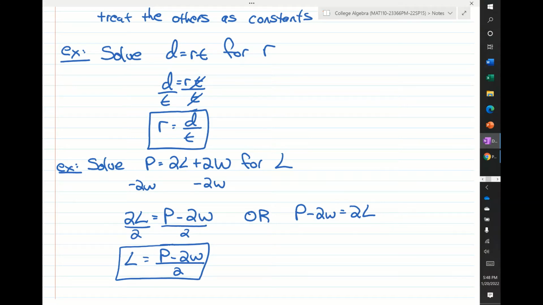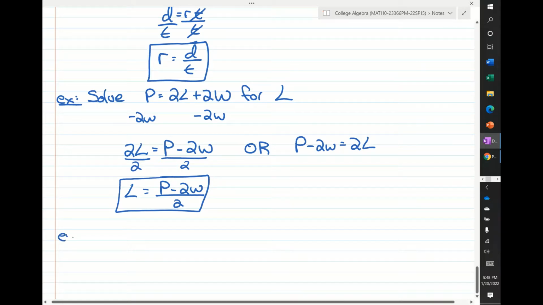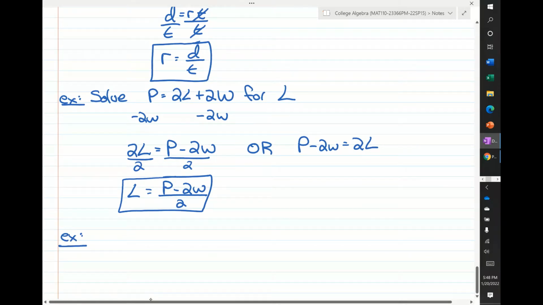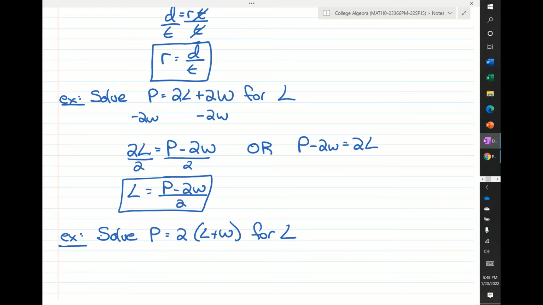We can get to some more complex equations. So I have a couple that are a little bit more advanced. What about if we had P? So if I asked you to solve P is equal to 2 times (L plus W) for L. Anyone have any suggestions on how we could do that?